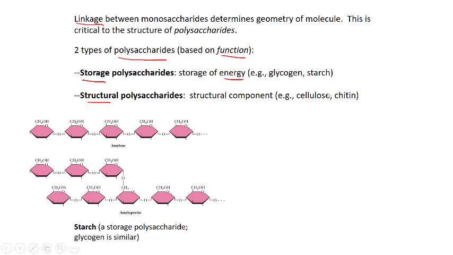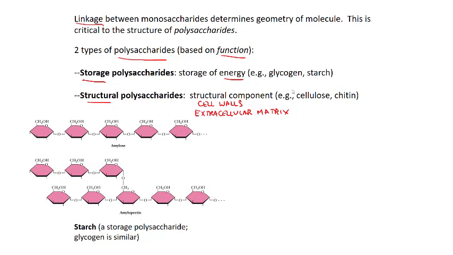Cellulose, chitin, those are examples of that. This is mostly used for things like cell walls, and also in animals, what we call the extracellular matrix, which is that sort of gel of carbohydrates and proteins that's in between your cells to sort of fill in the space because we don't have cell walls.